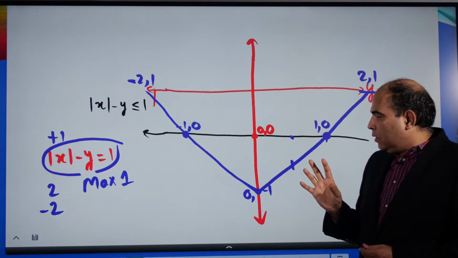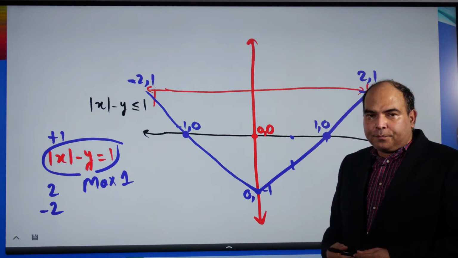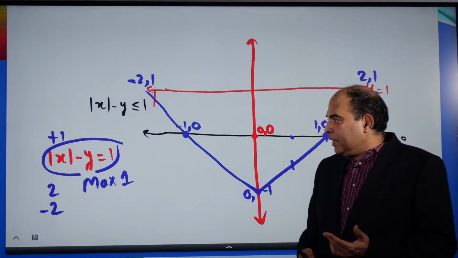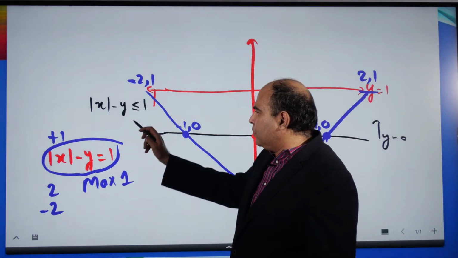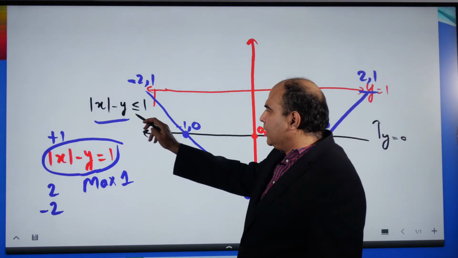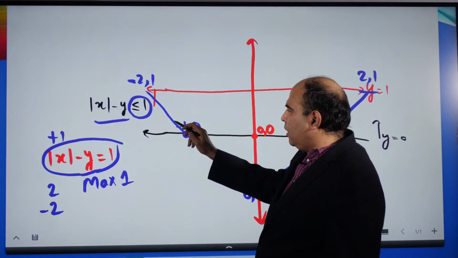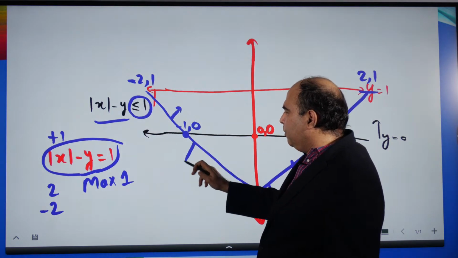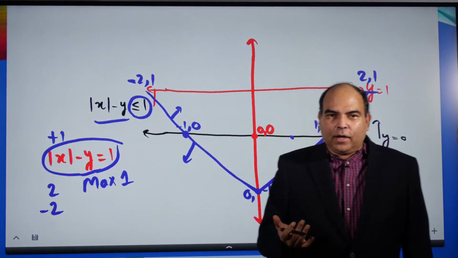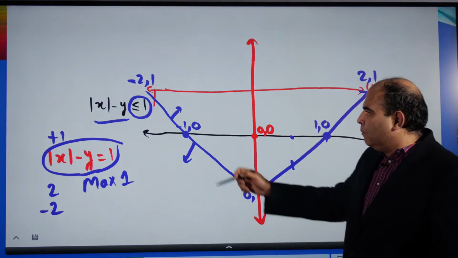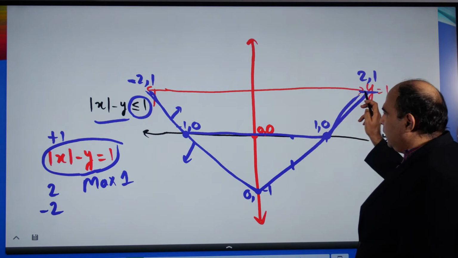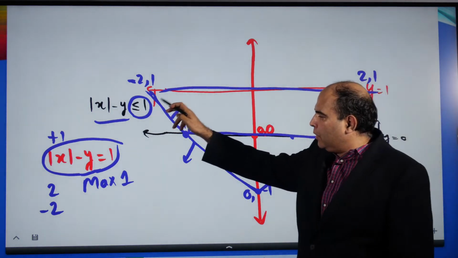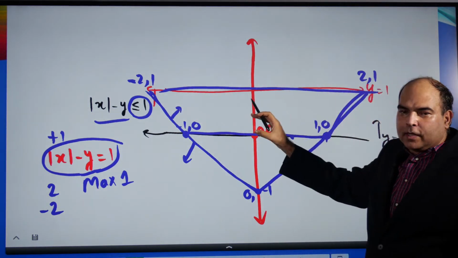Now, what you also need to confirm is what the constraint is when you say mod x minus y less than equal to 1. Is it going to be above this, or is it going to be below this? Now instinctively you realize that it has to be above it, because only then will you be able to get a closed area between these three lines, and you can find the area enclosed by that box.